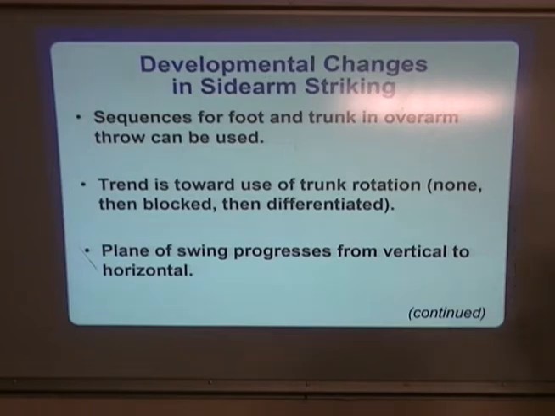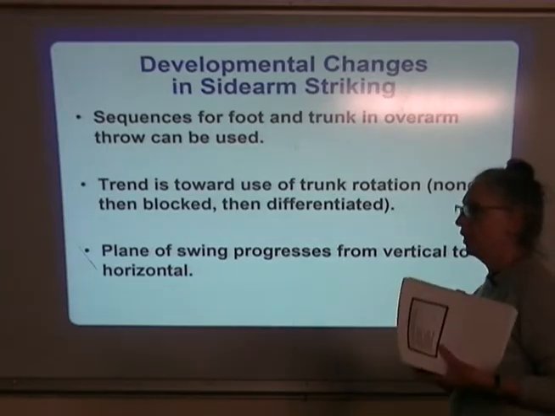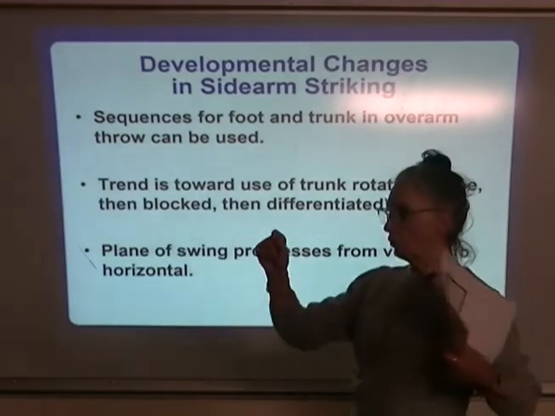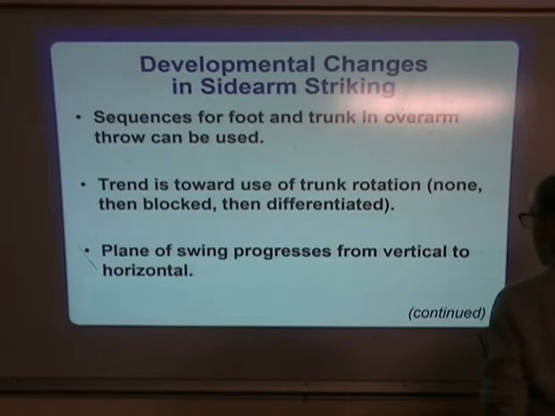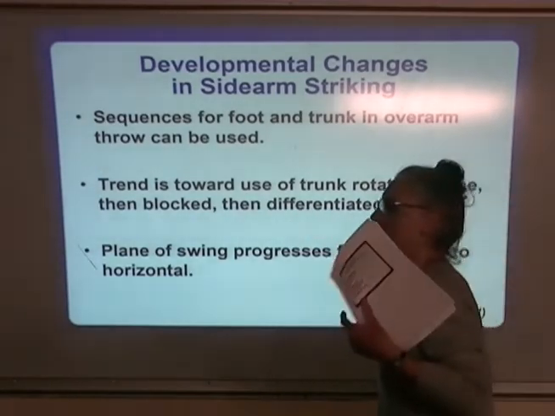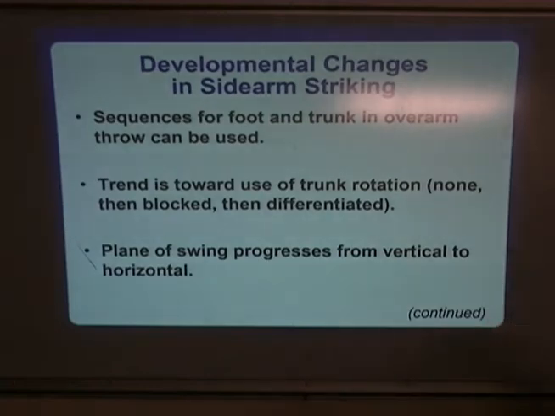The foot and the trunk in particular are very similar to fundamental overarm throwing. So what we want to encourage is the use of the trunk and the hips as well. Can we get them to swing hard enough that we get some shoulder rotation and some trunk rotation?